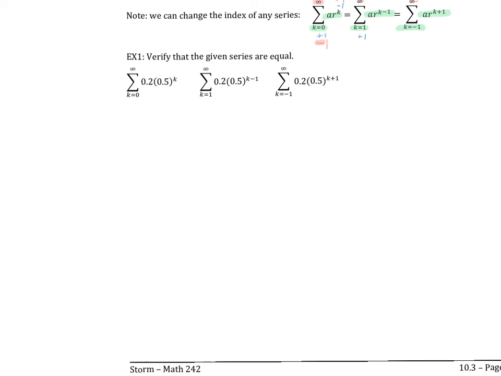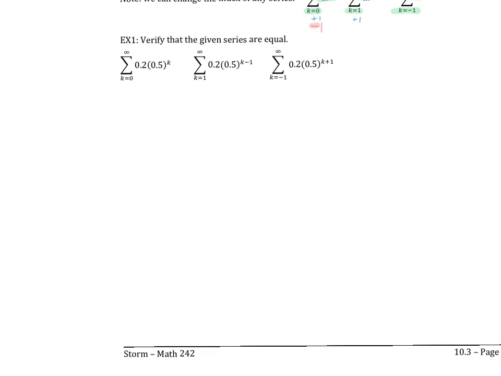Let's go ahead and verify in example 1 if we can actually change our starting by changing our expression, and we'll just expand these out. Let's look at the first one, k equals 0 to infinity of 0.2 times 0.5 to the k. If k equals 0, 0.5 to the 0 is just 1, so our first term is 0.2.